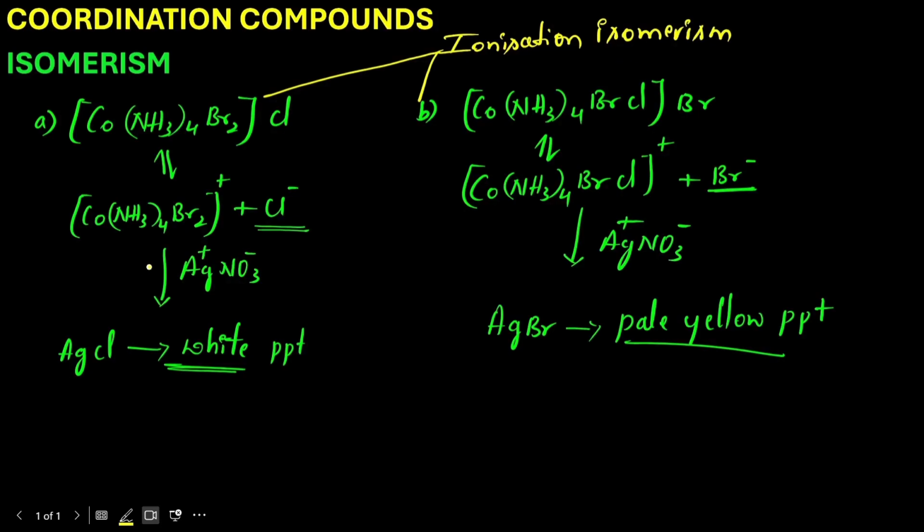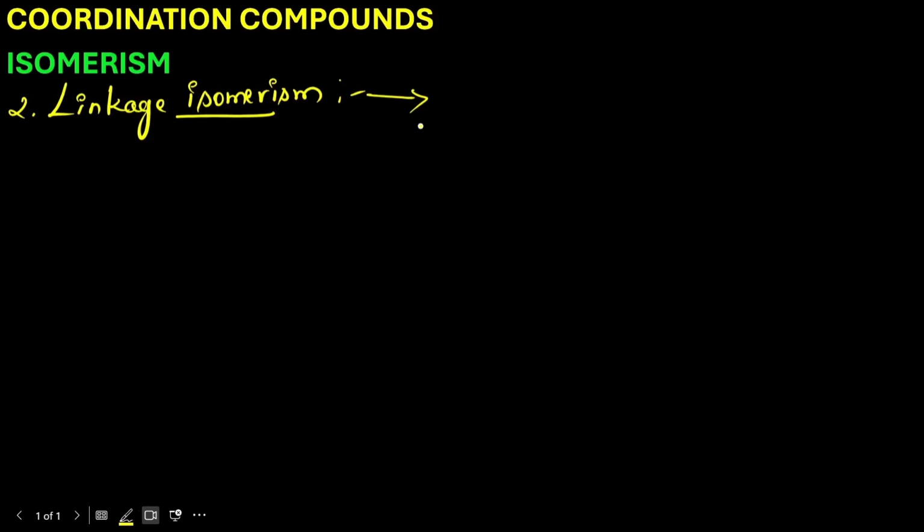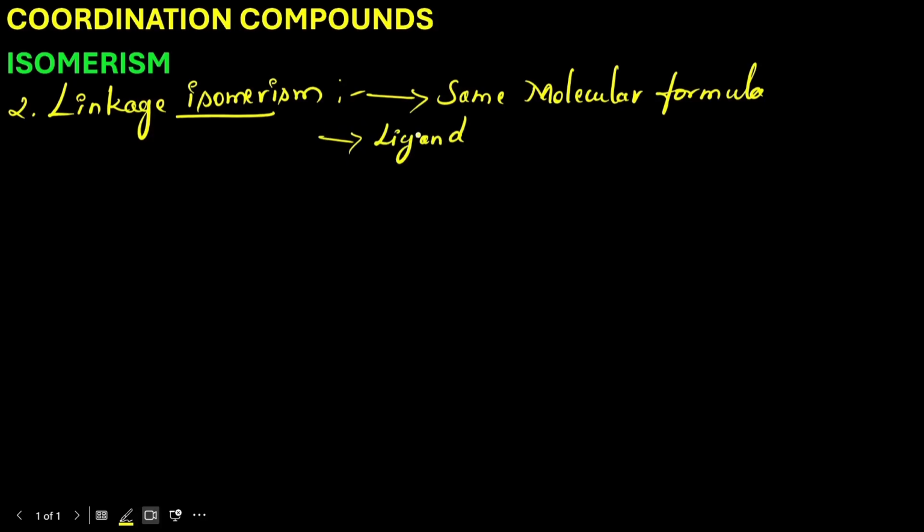Next we will see what is linkage isomerism. In linkage isomerism, complex compounds have the same molecular formula, but ligands are bonded to the central metal atom through different donor atoms.